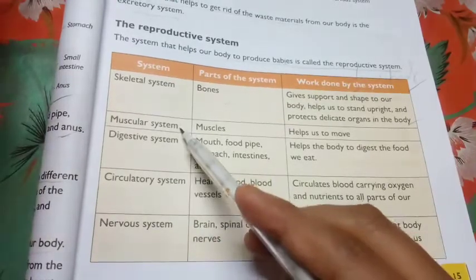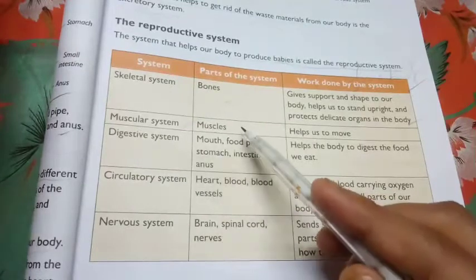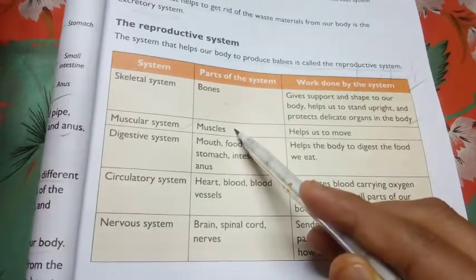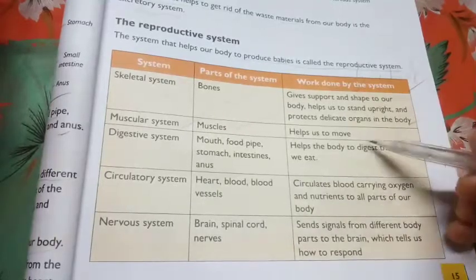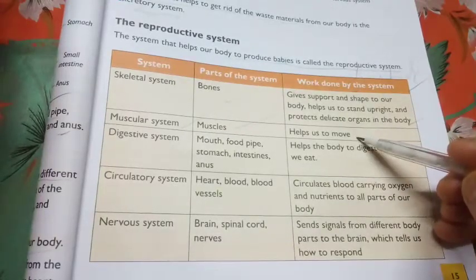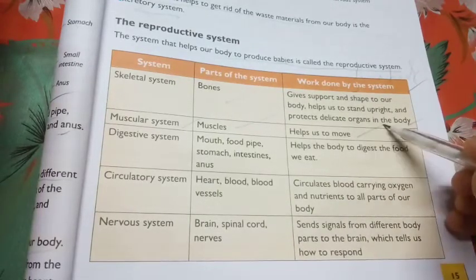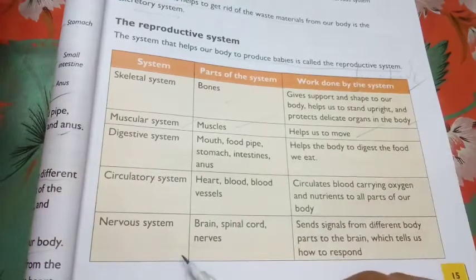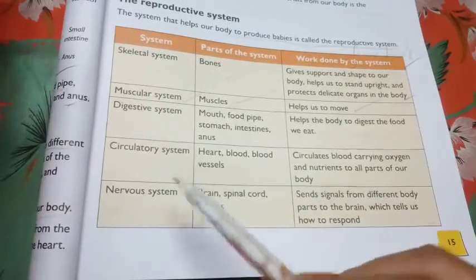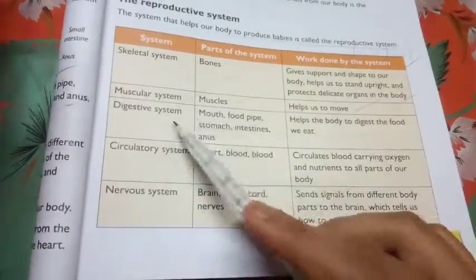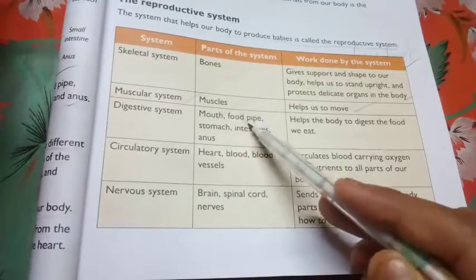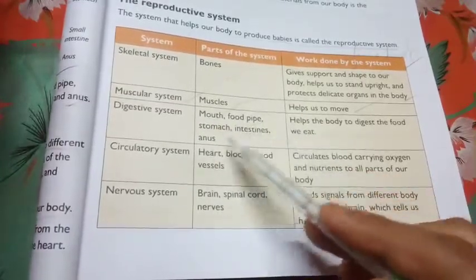Next we have our muscular system. Organs related to the muscular system, that is muscle. Function performed by our muscular system, that is, it helps us to move. Next we have our digestive system. Organs related to the digestive system: mouth, food pipe, stomach, intestine.